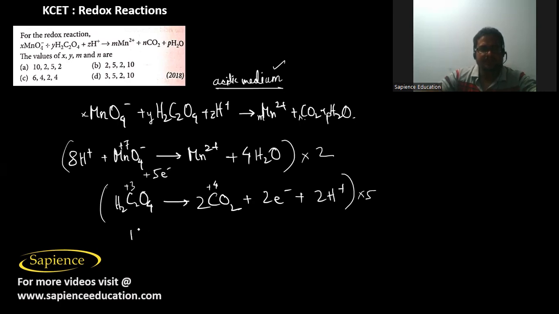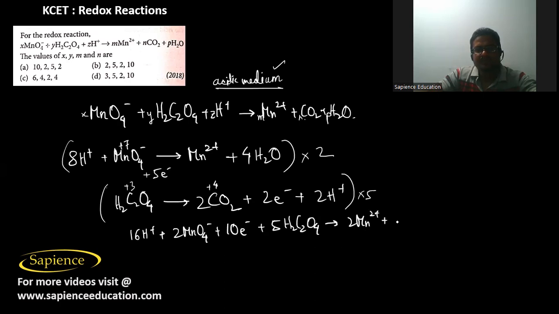So here it will be 16 H plus, 2 MnO4 minus, plus 10 electrons, plus 5 H2C2O4 gives 2 Mn2 plus, 8 H2O, plus 10 CO2, plus 10 electrons, plus 10 H plus.